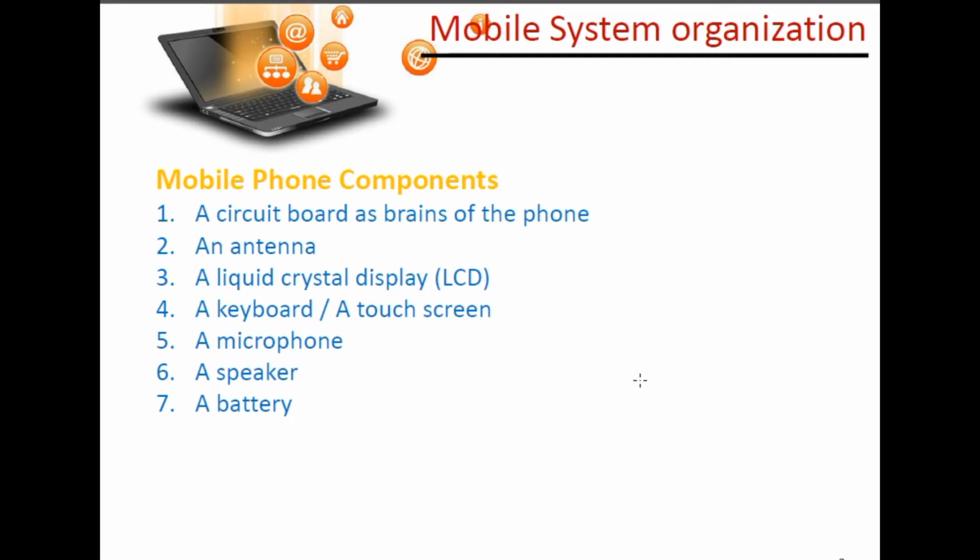Fourth, a keyboard, or a touch screen, because in older phones a keypad came, and nowadays the touch screen is in fashion, so either one may be component number 4. Fifth, a microphone. Sixth, a speaker, and seventh, finally, a battery.